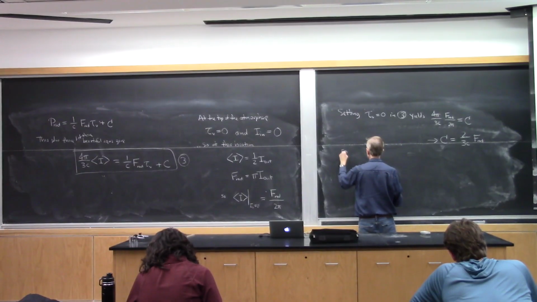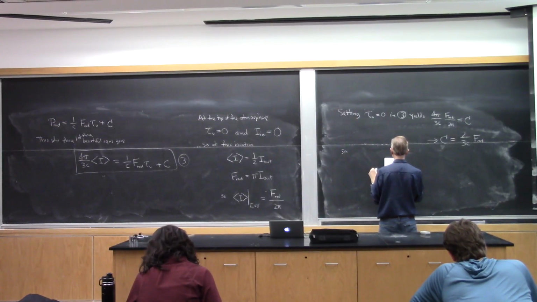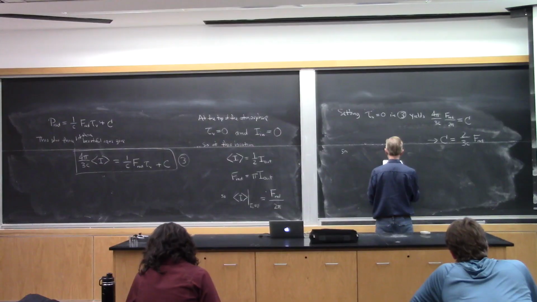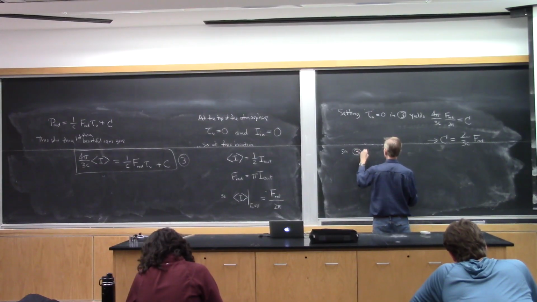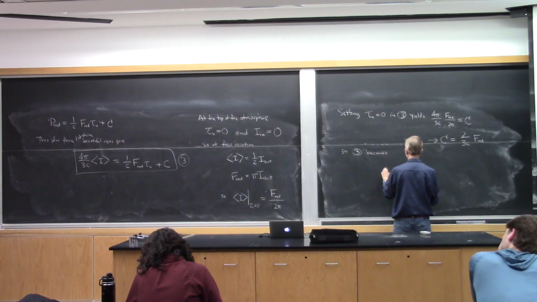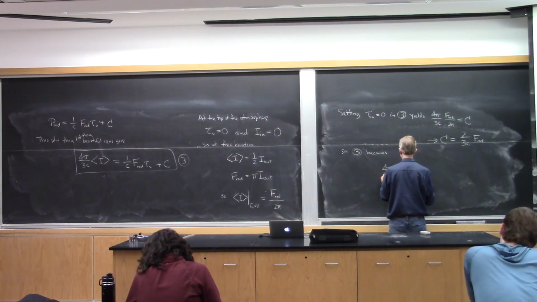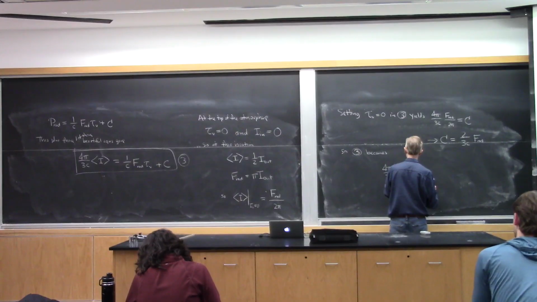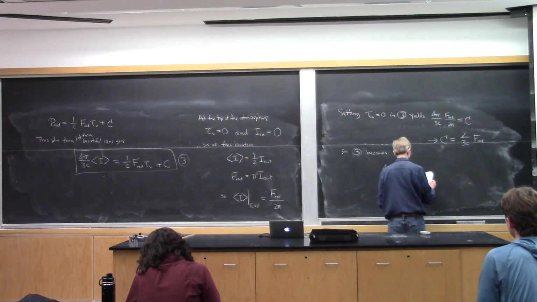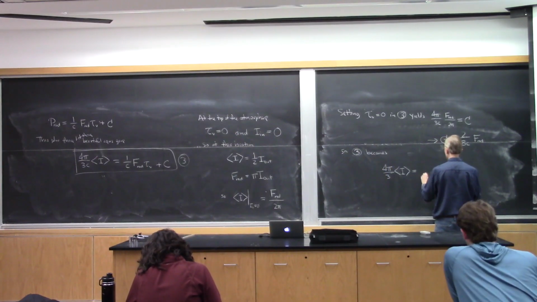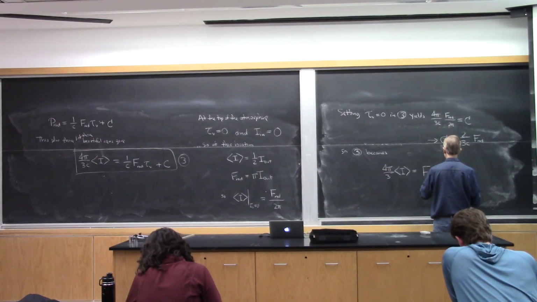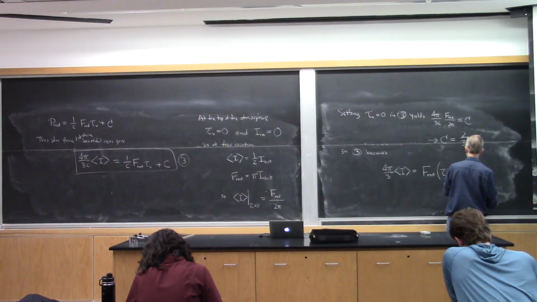So equation 3 becomes 4 pi over 3 times the mean intensity is equal to F_rad times tau_V plus 2/3.